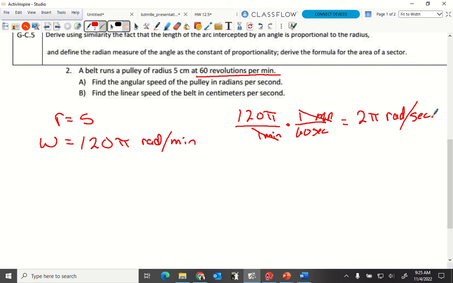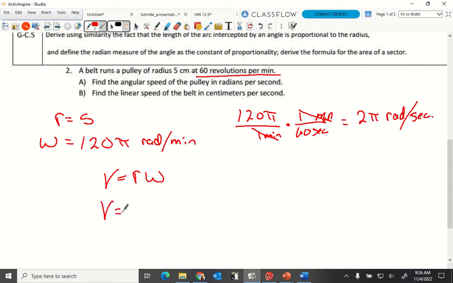Find linear speed. What variable is linear speed? V, yes, it is V. So, do I have a formula that I could use given I only have 2 variables here? R times W. RW, right? So V is equal to RW.